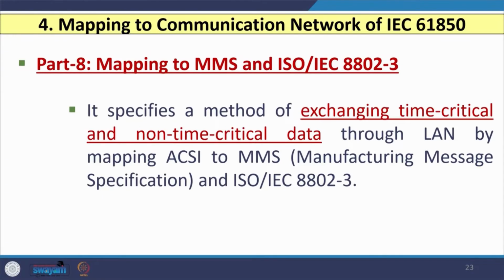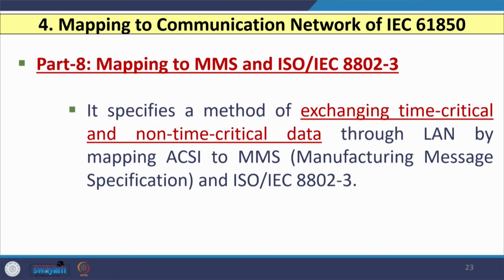Now, let us see the fourth part, that is mapping to communication network of IEC 61850. Part 8 is related to mapping to MMS, which is manufacturing message specification, and ISO/IEC 8802-3.